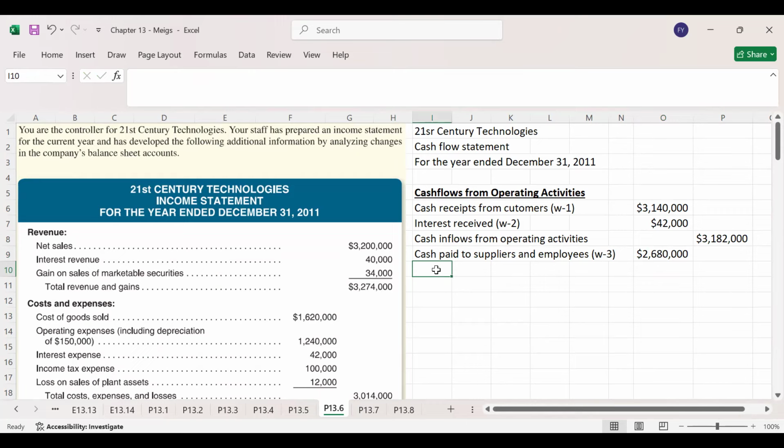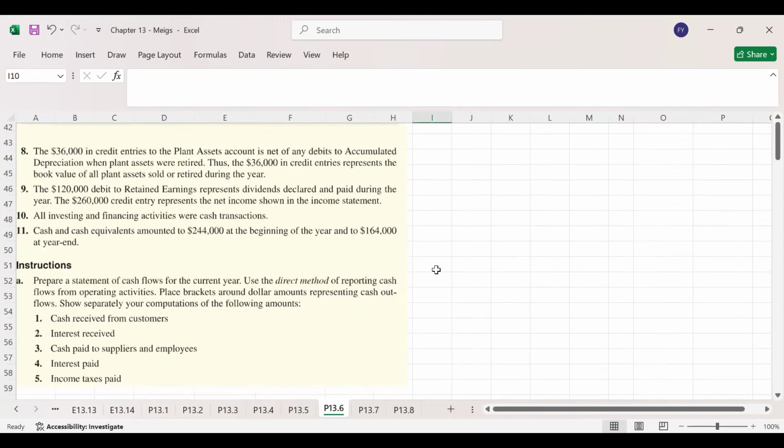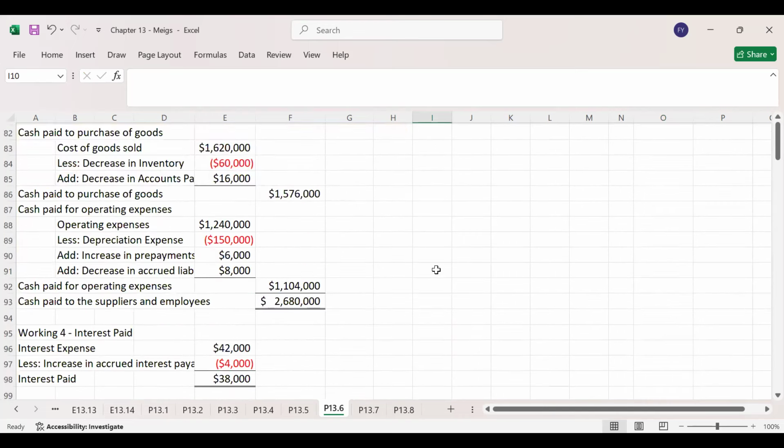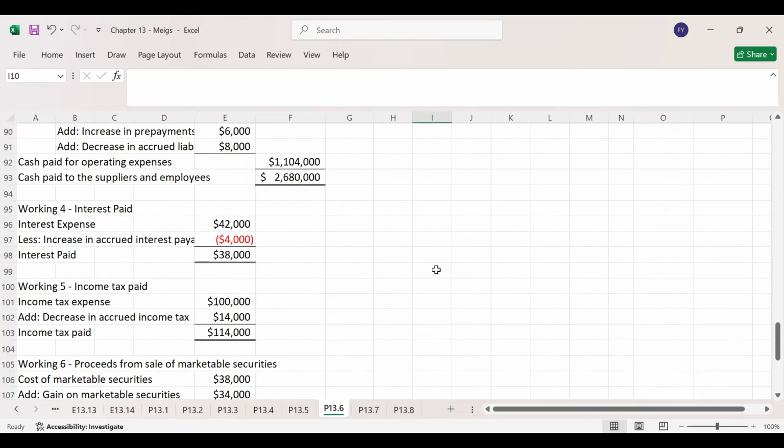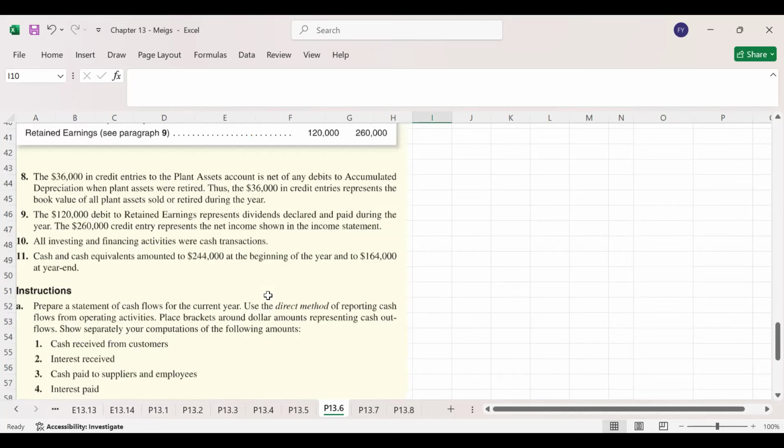Then we paid cash for interest expense as well as for income tax expense. So you can see that we have 38,000 for interest paid and 114,000 for income tax paid.